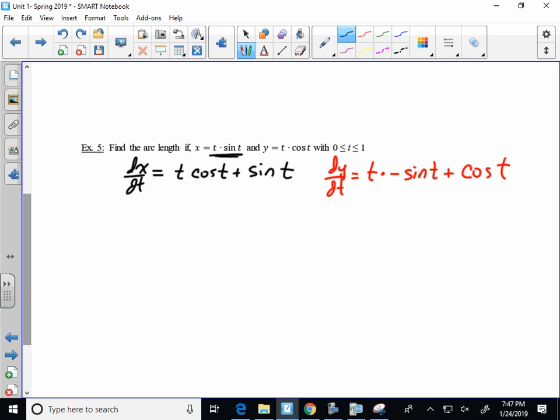All right, so we're looking for s equals, I might as well just do one of these.